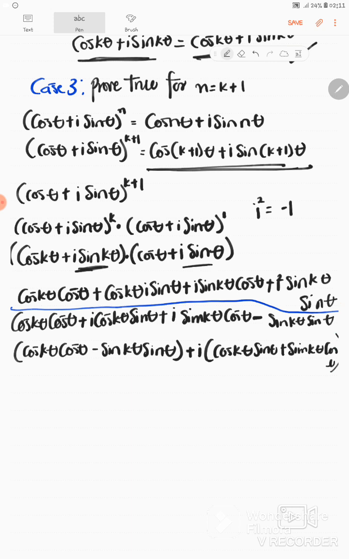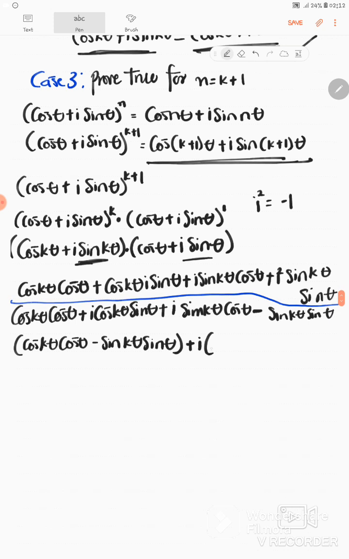Let me try rewriting this, just having some space issues. Now we have grouped them into real and imaginary part. This is a real part, this is an imaginary part.